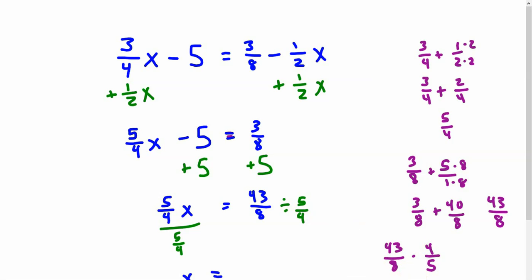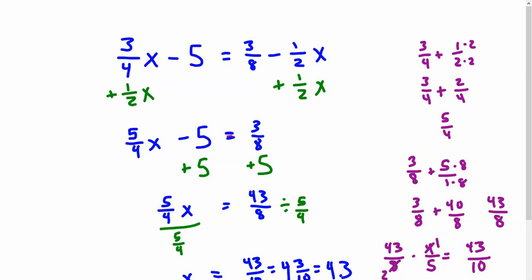Yeah, and maybe actually in this case I'll even do some pre-cancellation. 4 goes into 4 one time, 4 goes into 8 two times, just so my numbers don't get too big. So 43 times 1 is 43, 2 times 5 is 10. So there we go, 43/10, which is the same as 4, right? 10 goes into 43 4 times with 3 left over, or 4.3.